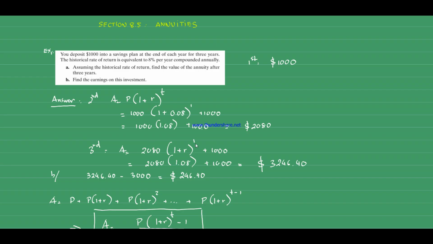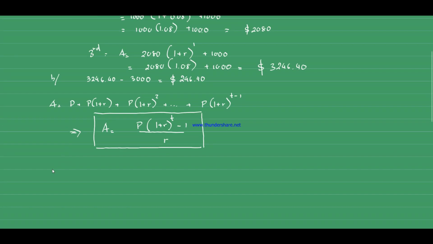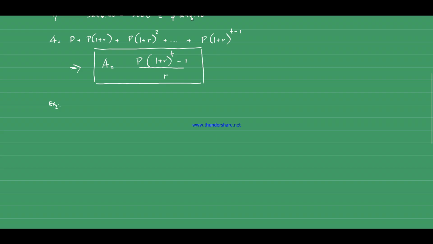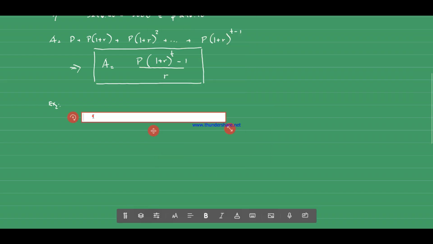We would have to do it one by one, which takes a lot of time, so that's why we use the formula. On example number 2, I'm going to type the whole example with you.